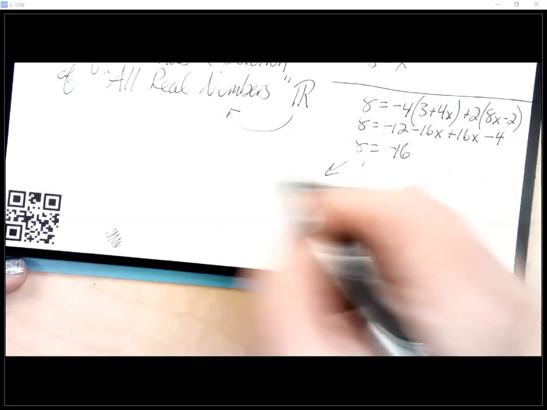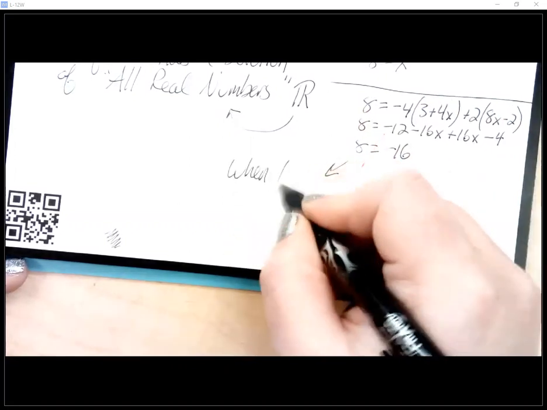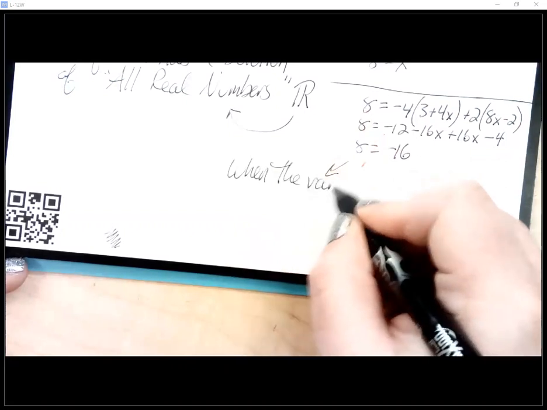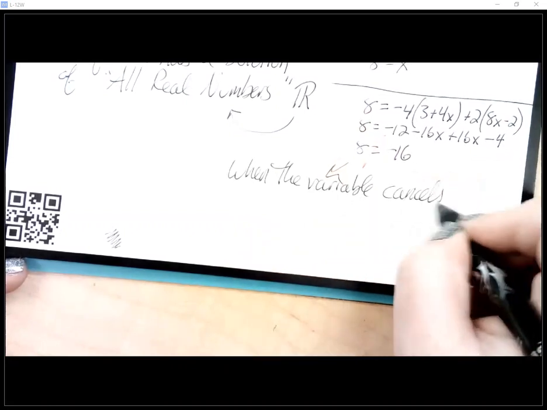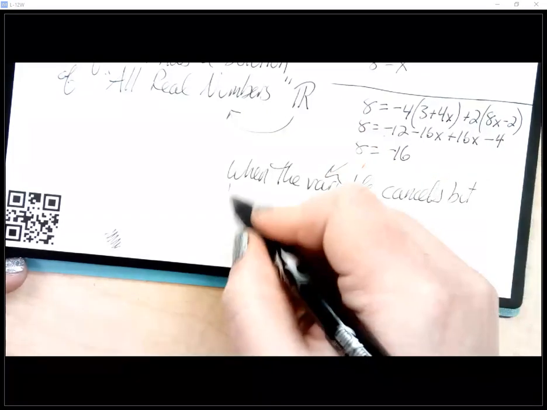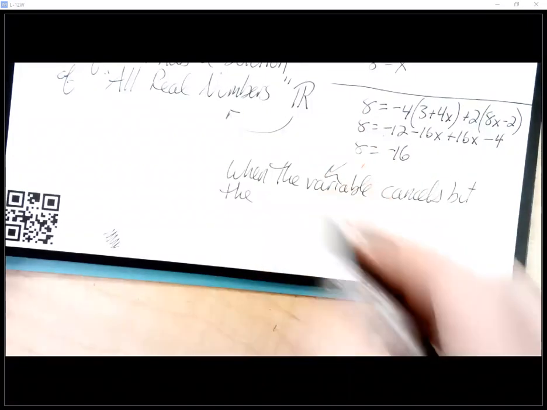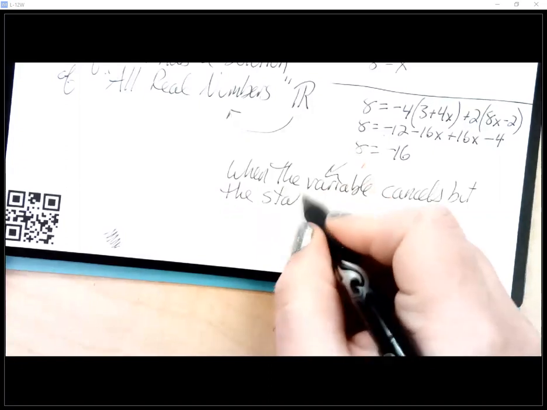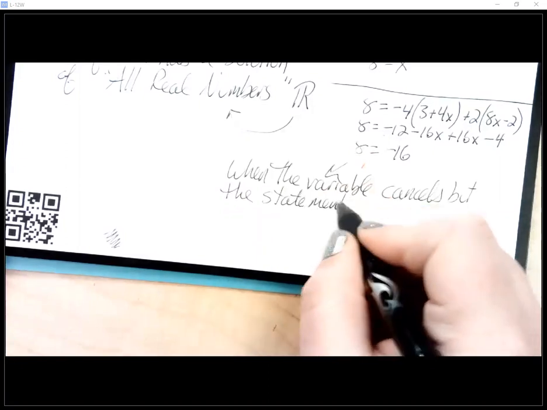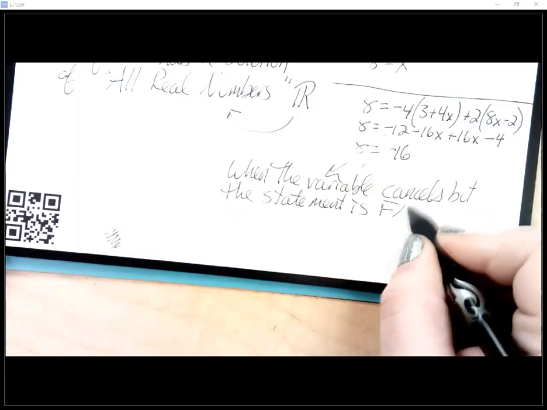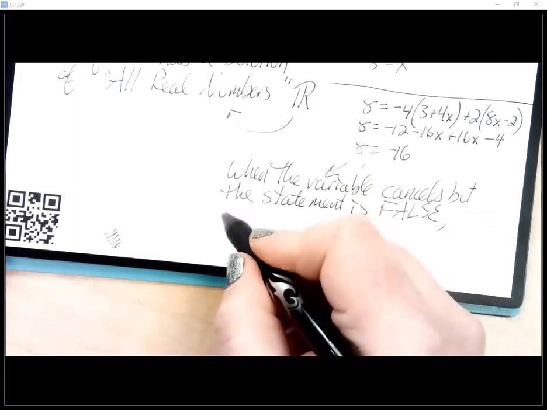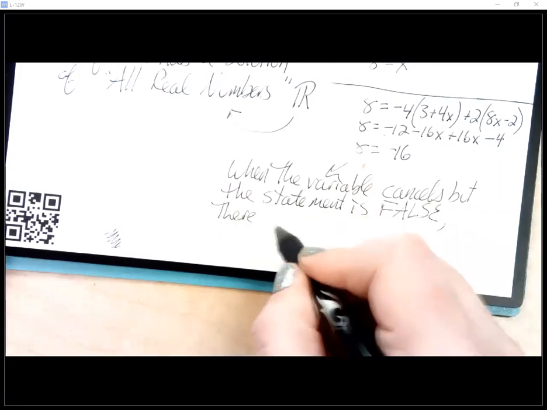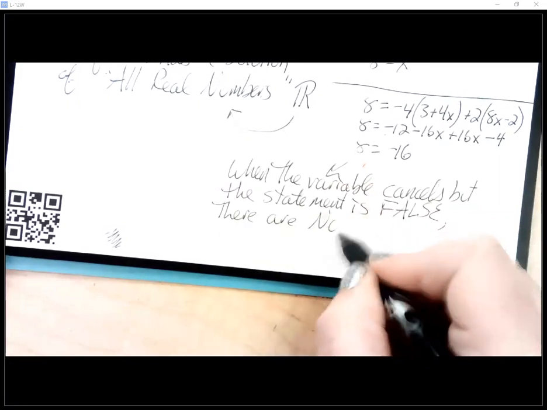So I'll just add: when the variable cancels, but the statement is false, there are no solutions.